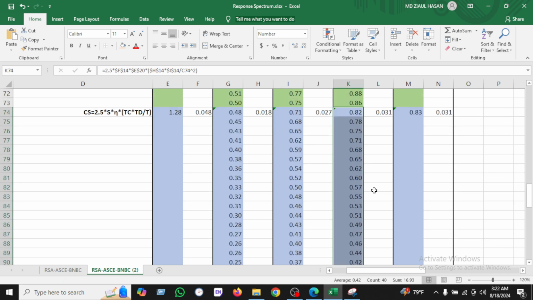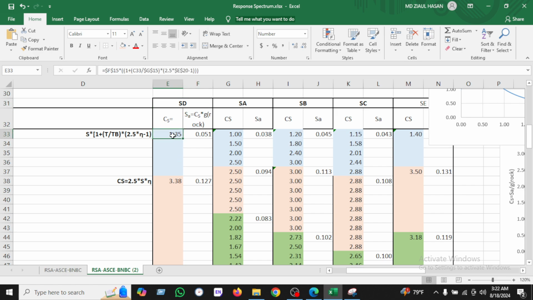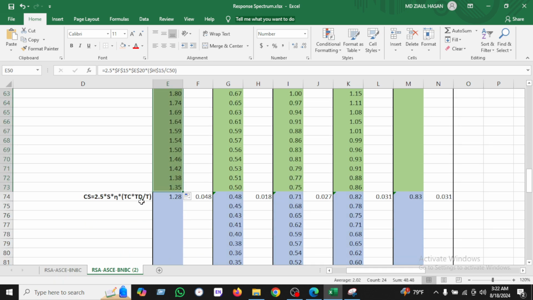Okay, so Sc is done, Sd is here. At first I am doing the first formula, done, the second formula is here, done, and the third formula is here. I am formatting these below, and the fourth formula is done.